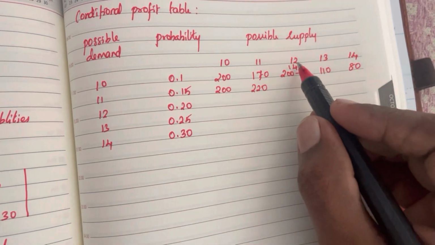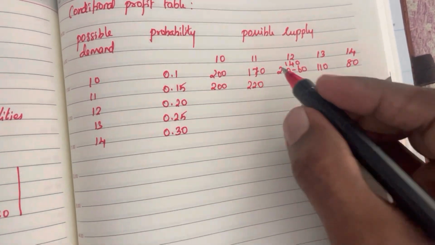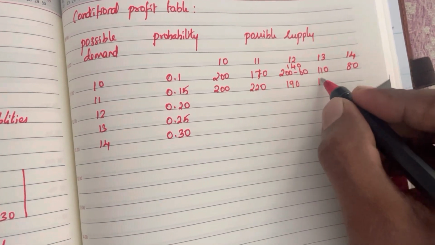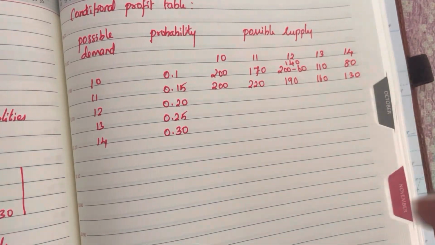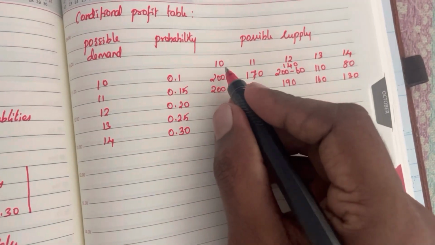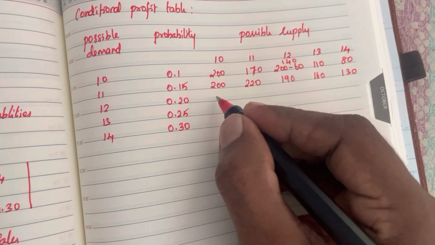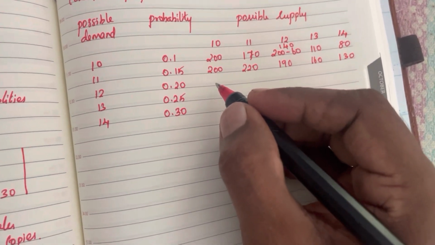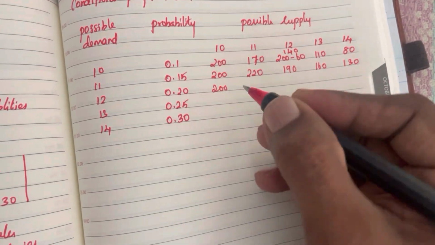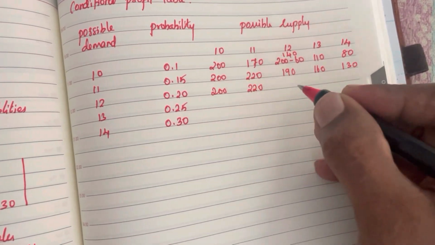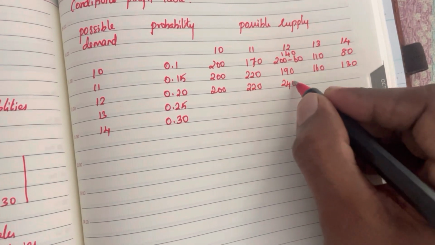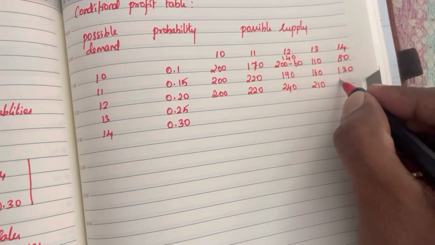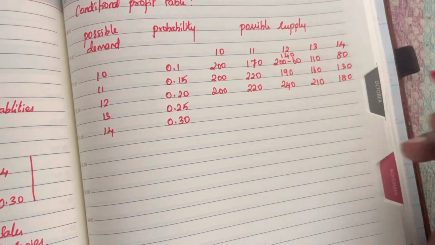So here 11 and 12, so we are having one unsold, so 11 we will be selling, so 190 and 160 and 130 here. So here again 12 and 10 is a supply, so 10 supply means we will be selling only 10 of the demand, but we are not meeting the demand, so it is going to be just 200. So 11 here we will be selling, so here we will be selling 12, so it is 240. So here supply is more, 1 is unsold, so which is going to be 210, and 2 is unsold here, so it is going to be 180.